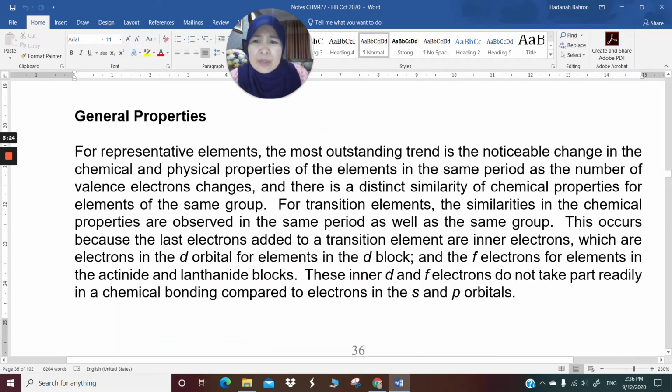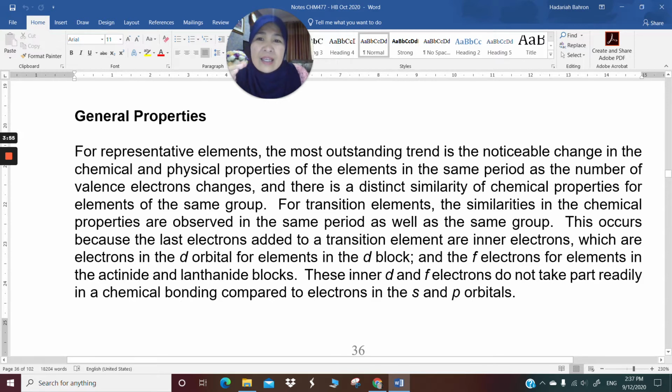Now, the general properties of transition metals are very much like any metals that you encounter in the main group or in the representative elements. The most outstanding trend is the noticeable change in the chemical and physical properties of the elements in the same period, that means in the same row, as the number of valence electrons changes.